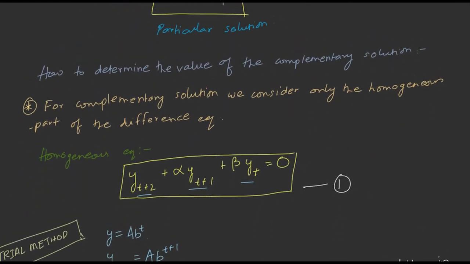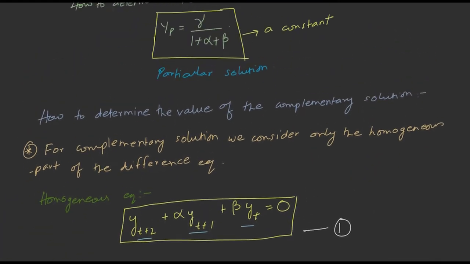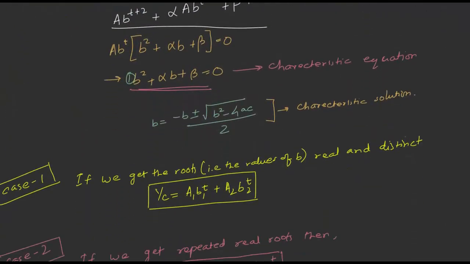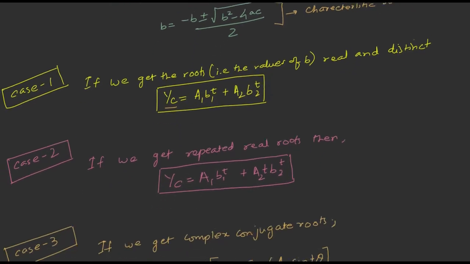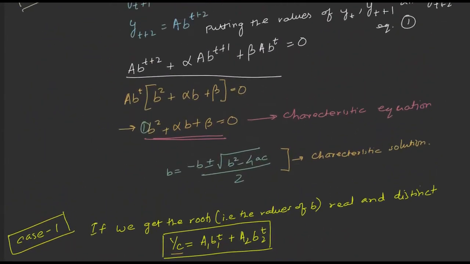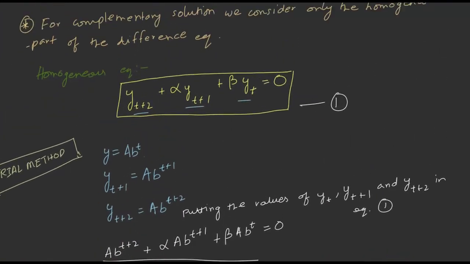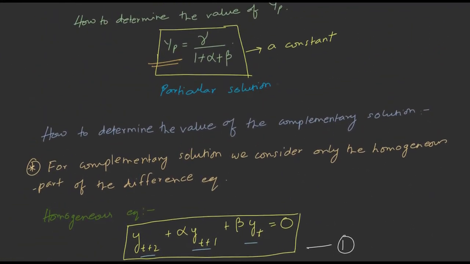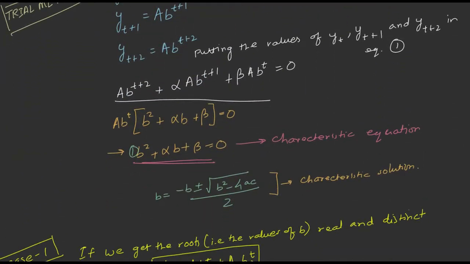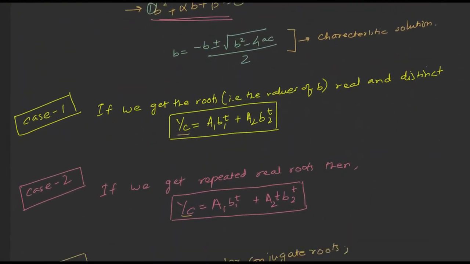In order to find it, we must first find yp, and after that yc. We get three conditions for finding yc, and we will shortly learn this in an example. With the example I will show you how to solve the sum. But the main process is these steps.